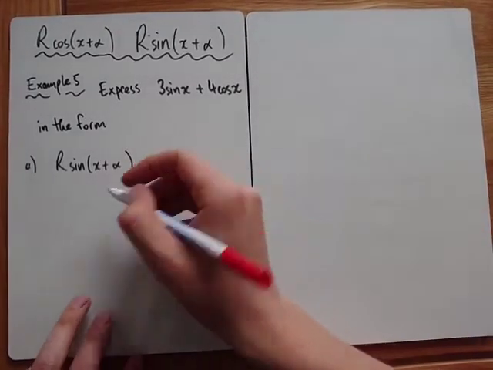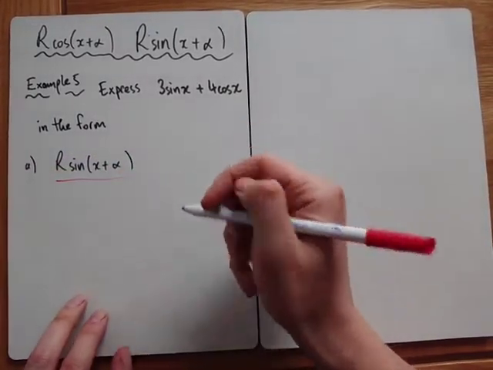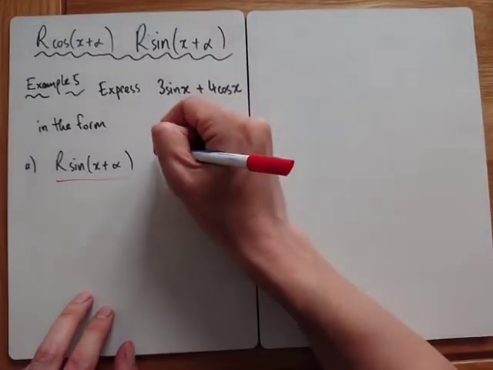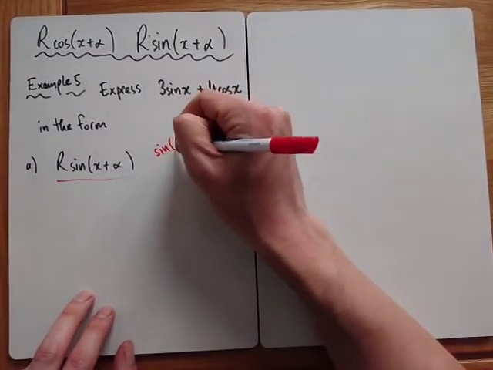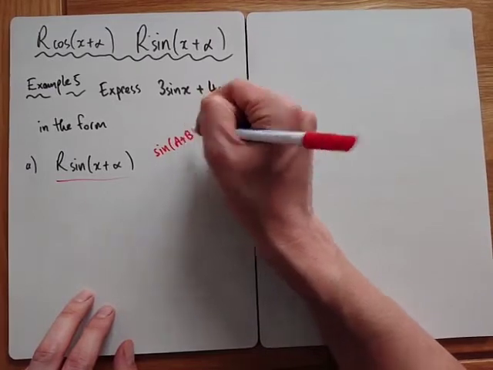The first thing to realise is that if the form that has been given to us is sine of (x plus alpha), we're going to be using the identity for sine of (a plus b).